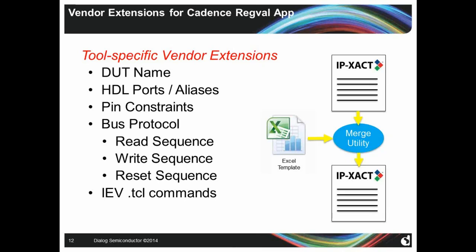And then you merge that in. So you take your vanilla IP-XACT and produce a tool-specific version of the IP-XACT for that block.